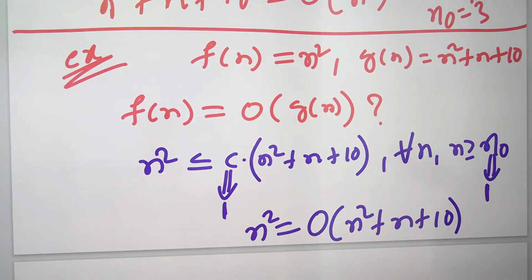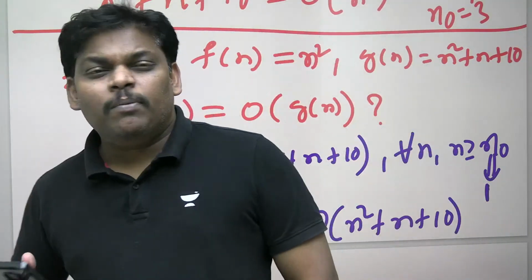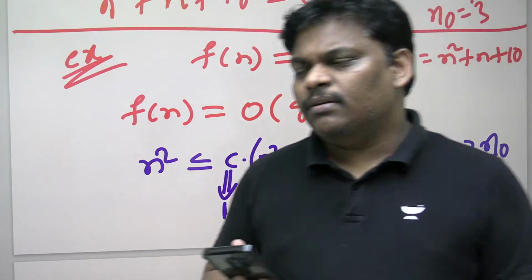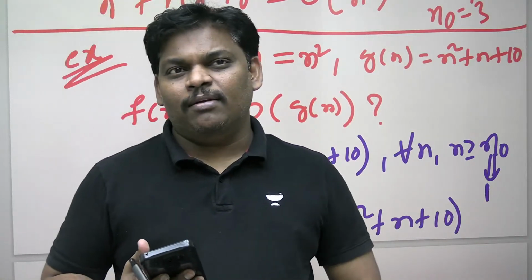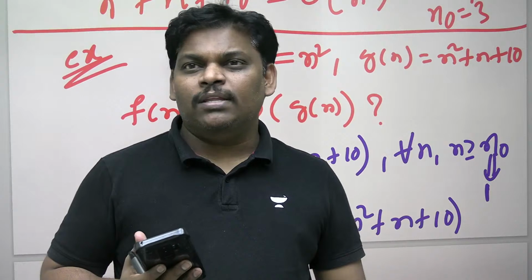Someone is asking, sir, please explain the minimum number of comparisons in a sorting algorithm. I think the answer is n log n. Actually, they have to mention which sorting algorithm. Because they didn't mention any, by considering all, the minimum number of comparisons required to sort the array is n log n.